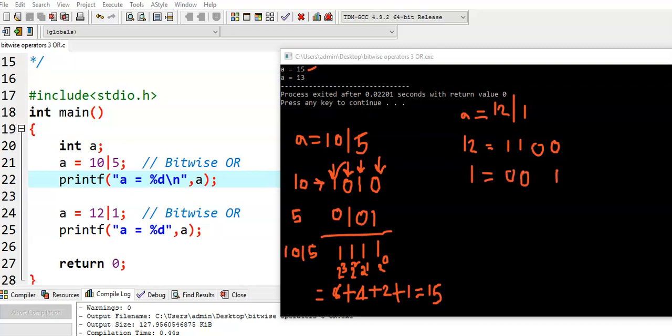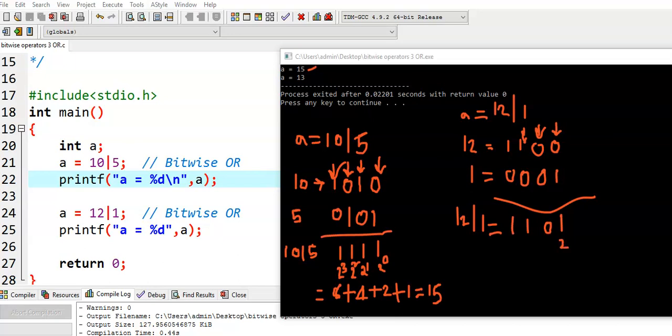We add 3 preceding zeros and we perform 12 OR 1. In the first case, 0 and 1, one of the bits is 1, we get output 1. In the second case both are zeros, we get output 0. In the third case one bit is 1, we get output 1. In the next one, one bit is 1, we get output 1.